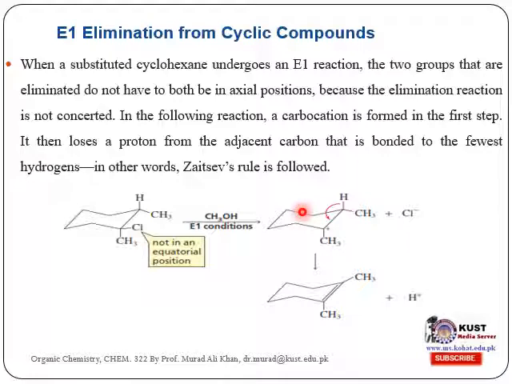E1 elimination reaction from cyclic compounds: when a substituted cyclohexane undergoes an E1 reaction, the two groups that are eliminated do not have to both be in axial position, because the elimination reaction is not concerted.